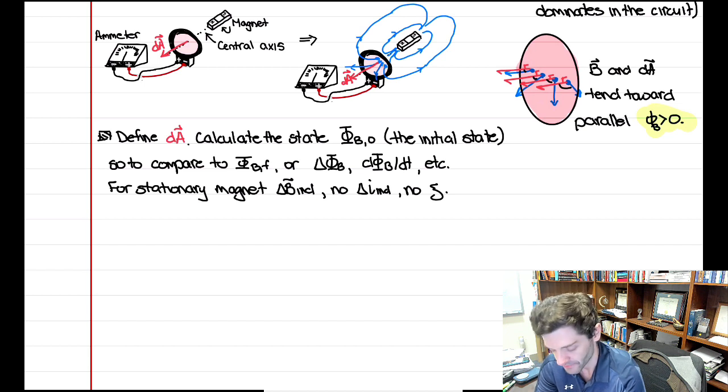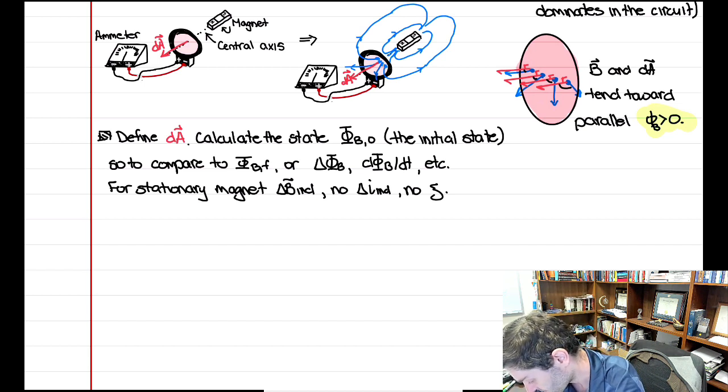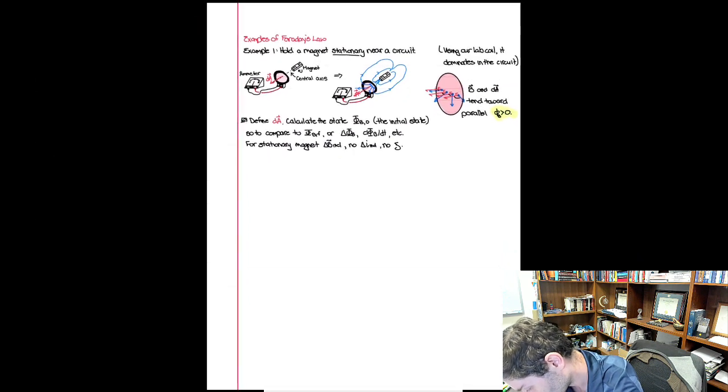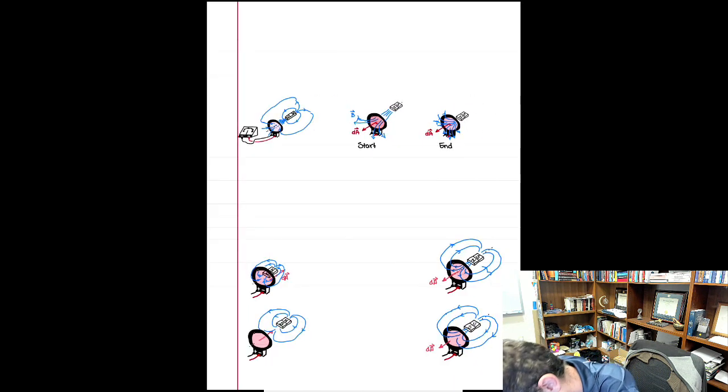Let's work through some actual interesting examples where I move the magnet closer to the loop as we do this. So it looks like that's this.